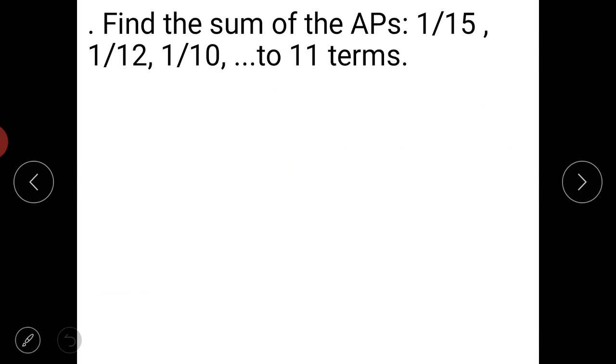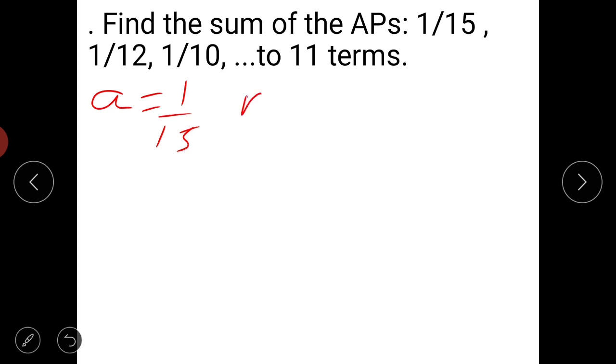So the next question comes from the NCERT, first question, last part I think. Find the sum of the AP if the first term A is 1 by 15, the second term is 1 by 12, then 1 by 10, up to 11 terms.